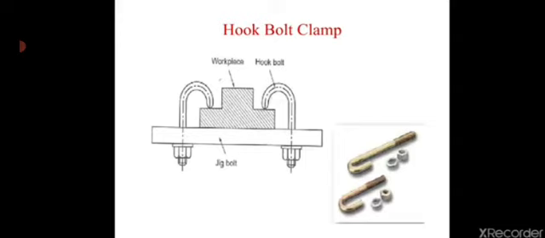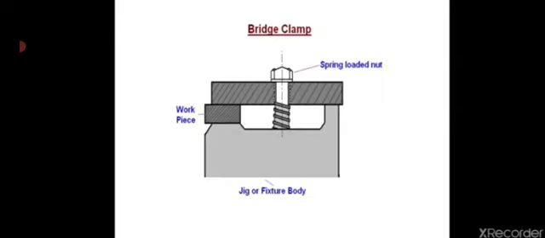Next type of clamp is the hook bolt clamp. It is a very simple device used for light work where other types of clamps are inconvenient. Next, we will discuss the various types of lever type clamps. In that case, the first one is the breech clamp.